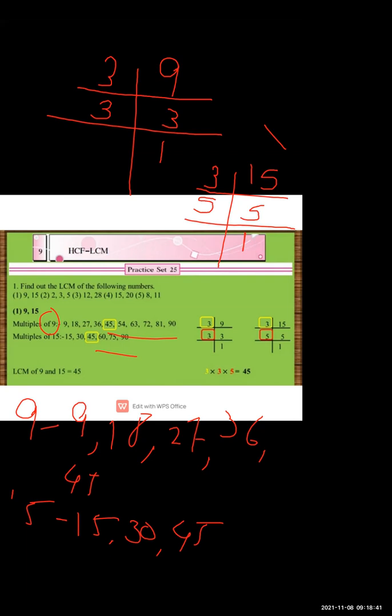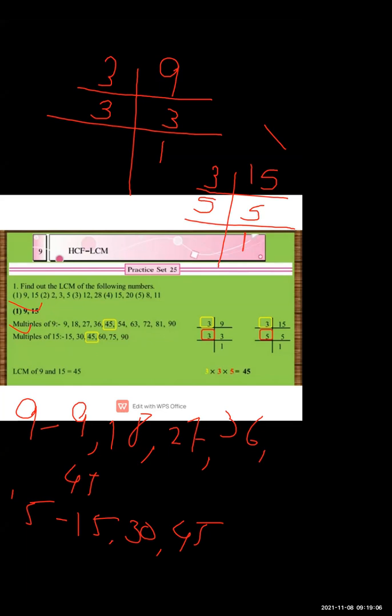Now in this method also, you directly write the multiples. यहाँ पे आपको directly multiples लिखना है और least common multiple निकालना है. Now how will you find the least common multiple? See, now you have found the multiples. So you see the common ones.